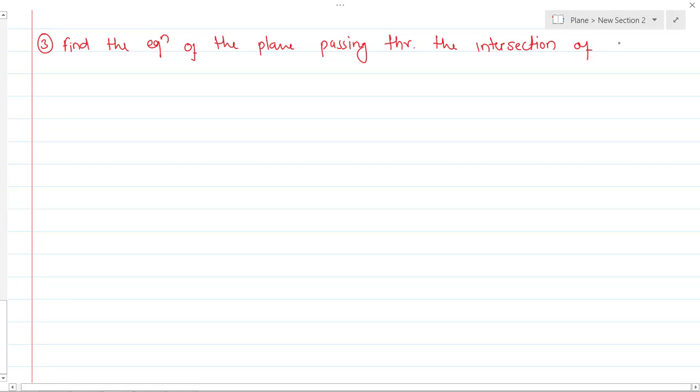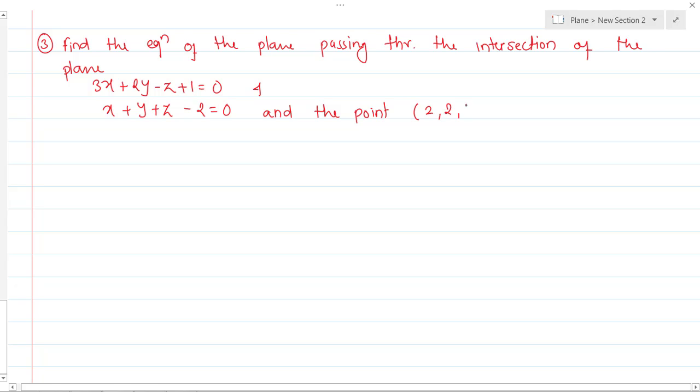So it will be like this. What is the statement? Find the equation of the plane passing through the intersection of the planes 3x + 2y - z + 1 = 0 and x + y + z - 2 = 0, and the point (2, 2, 1).